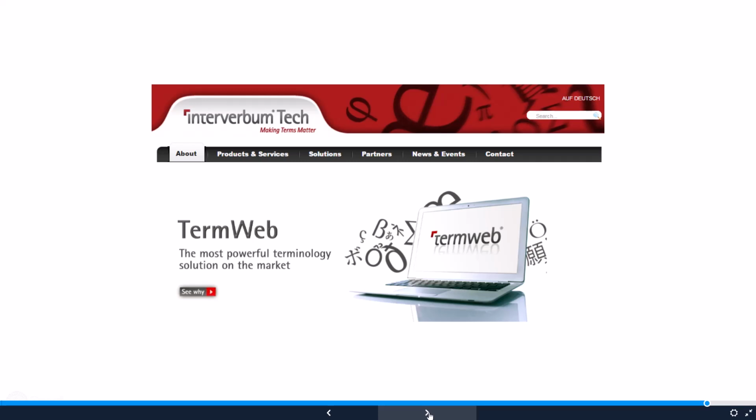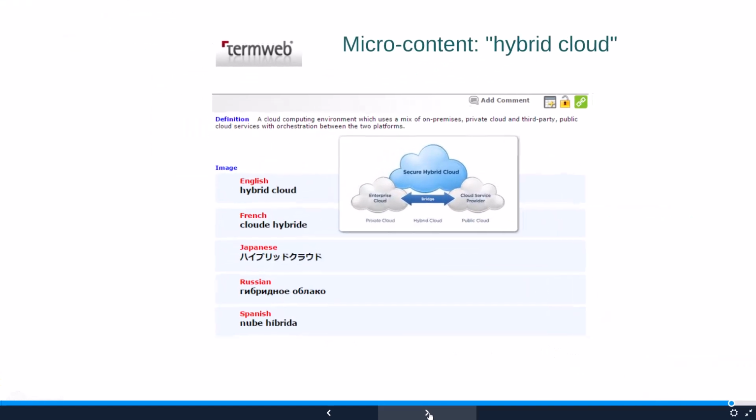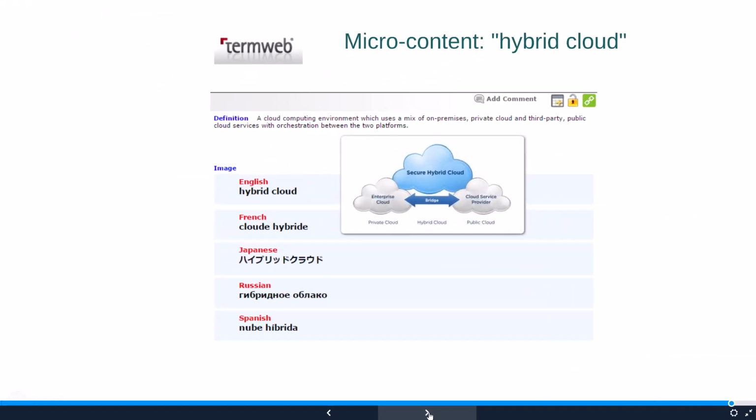One of the best and most mature of such systems is called TermWeb, produced by a Swedish-based company called Interverbum Tech. Let's see how a piece of microcontent might look in this system. Here is a pared down screenshot from TermWeb of some information that you might want to encapsulate and share across your organization about a term like hybrid cloud.